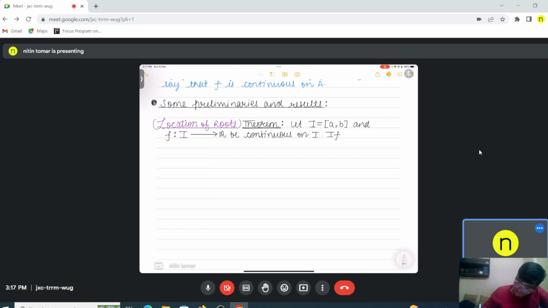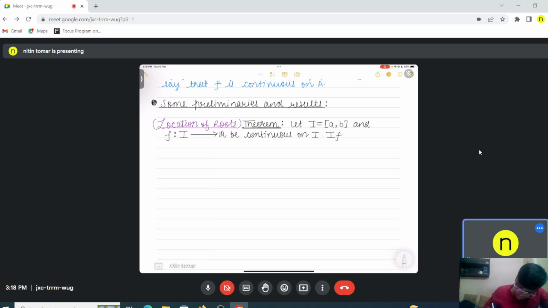Now if f(a) is less than 0 is less than f(b), or okay, let us write this very useful information in the next line.